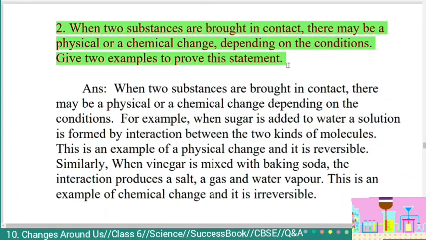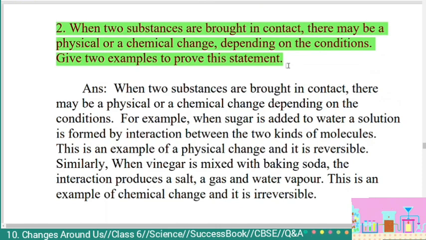Second question, when two substances are brought in contact, there may be a physical or a chemical change depending on the conditions. Give two examples to prove this statement. Answer, for example, when sugar is added to water, a solution is formed by interaction between the two kinds of molecules.